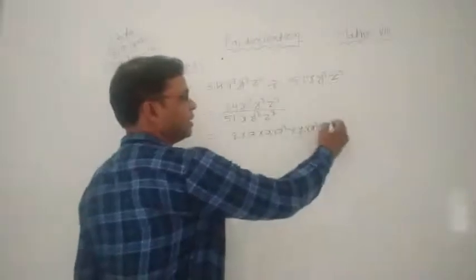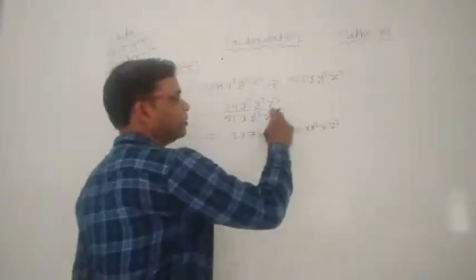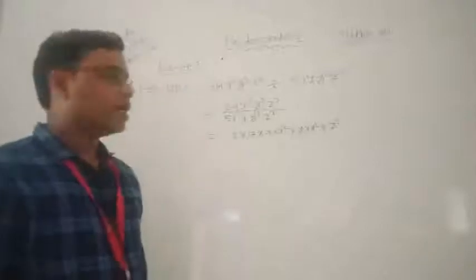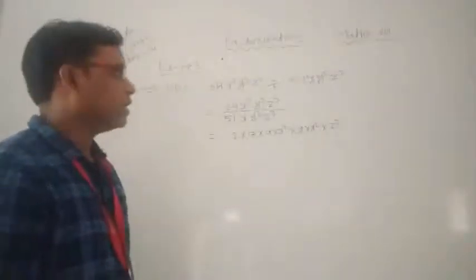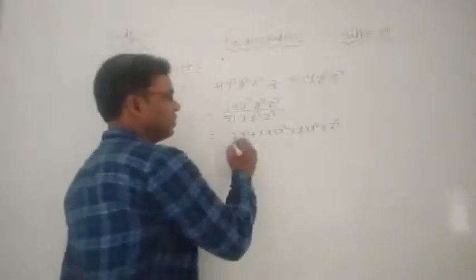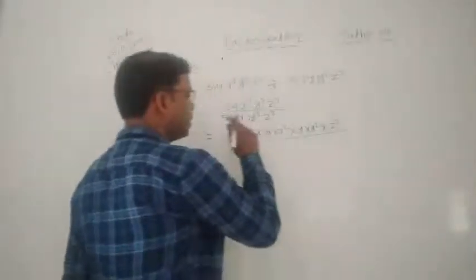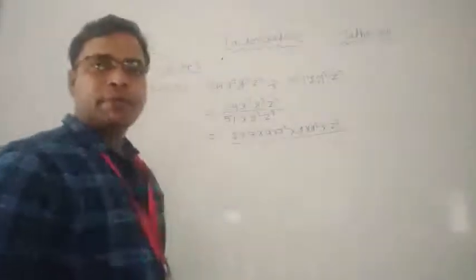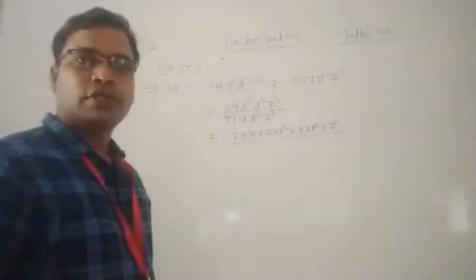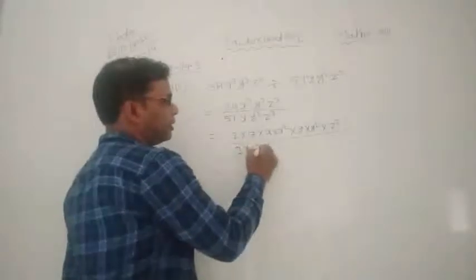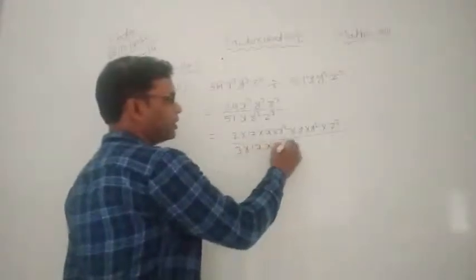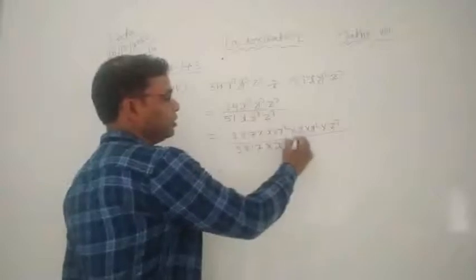You can keep z power 3 because in the denominator also we have z power 3, so we do not change z. So divide by 51. 51 you can write as 3 into 17. 3 into 17 is 51. Now this is x, and now this is y square.